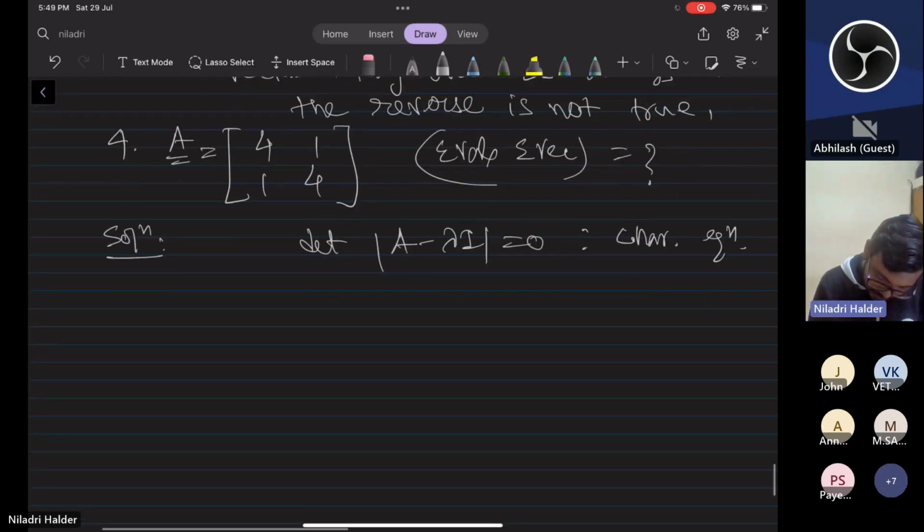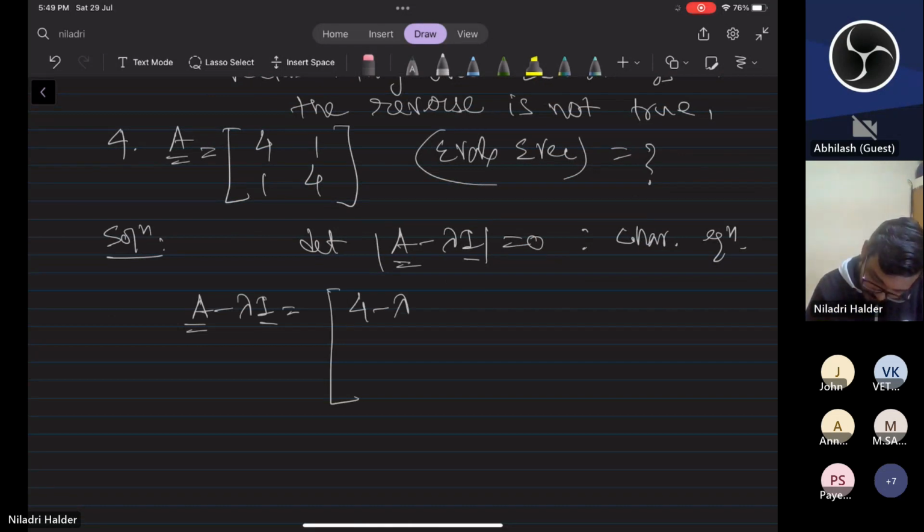So A minus lambda I is 4 minus lambda, 1, 1, 4 minus lambda.